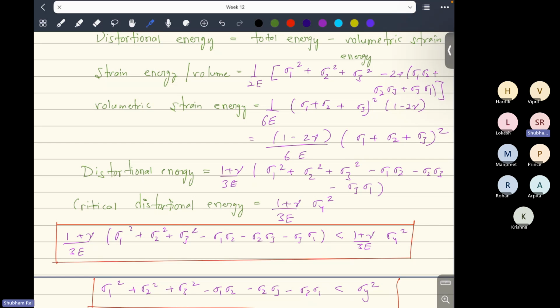So if you make pure shear, you have this here. So yeah, one is tau and one is minus tau. So if you put here, you'll get tau square plus tau square, and this is also plus tau square, so you get 3 tau square.